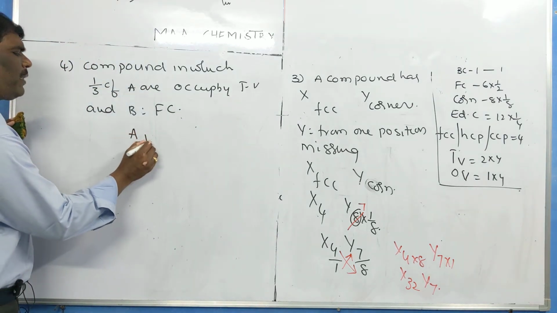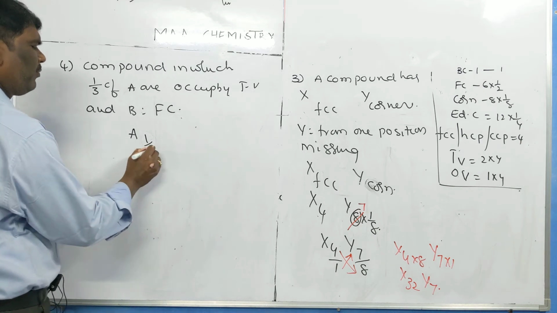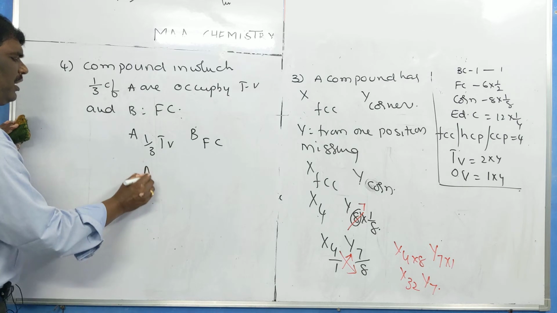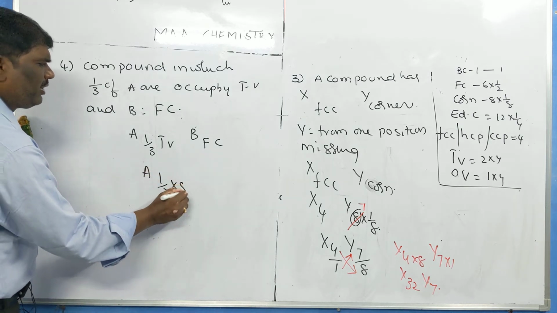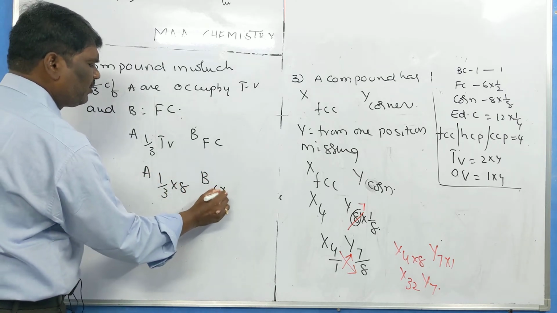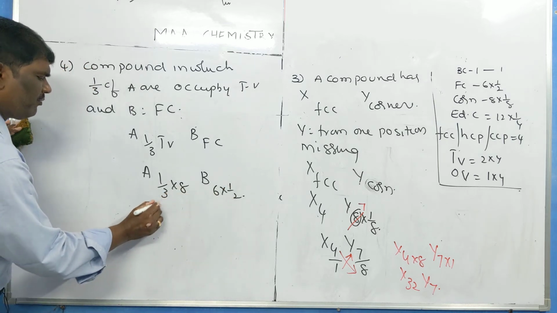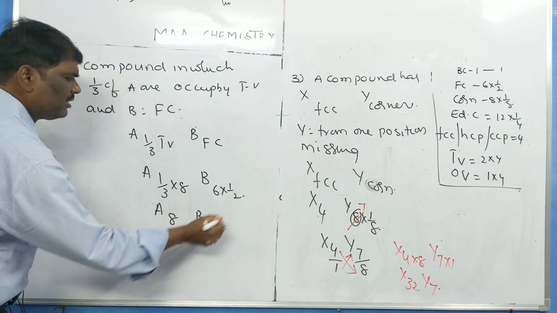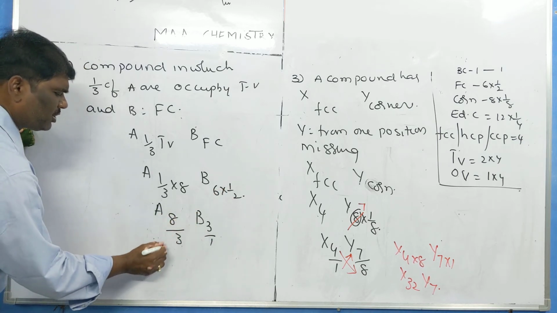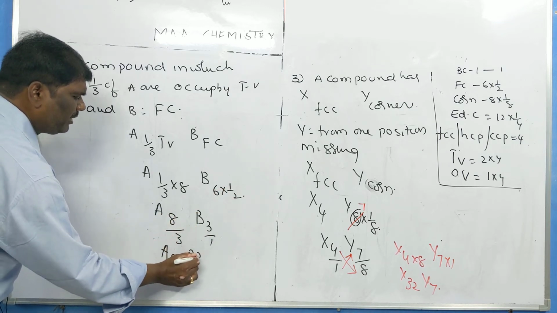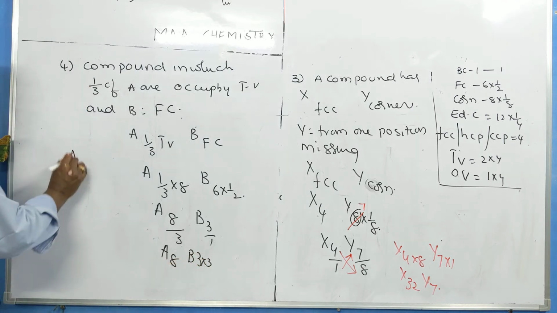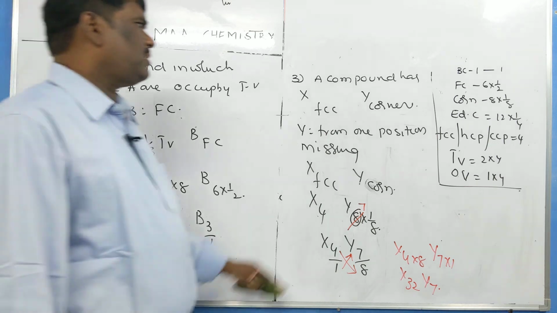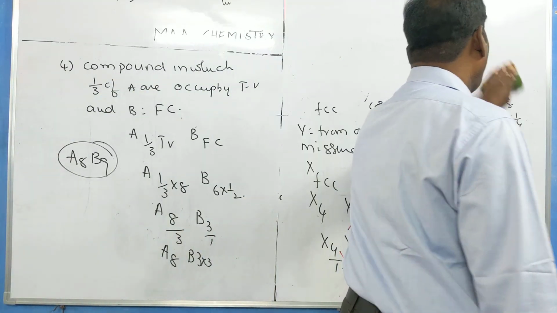A is occupying 1/3 of the TV and B is occupying the face center. A 1/3 into 8 here, face center means 6 into 1/2. On simplification we get A 8/3, B 3. Now cross multiplication, we get A 8, B 3 into 3. That is nothing but A8B9, the formula of the compound. So thus the problems are calculated.